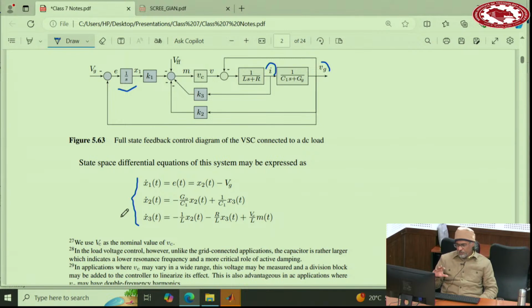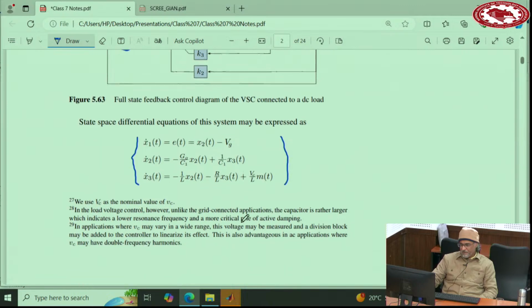If you are not good at it, please try to practice on your own a little bit. Deriving these state space equations is very important in order to be able to design optimal controllers. So please try on your own to derive these equations and make sure that you can do it.